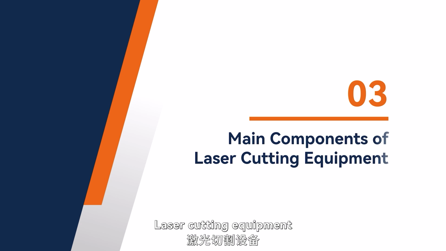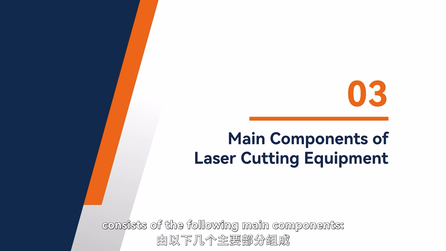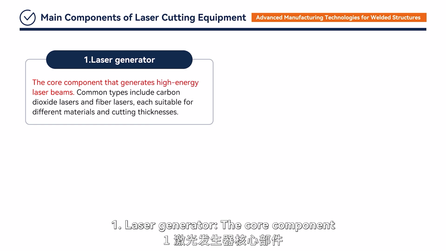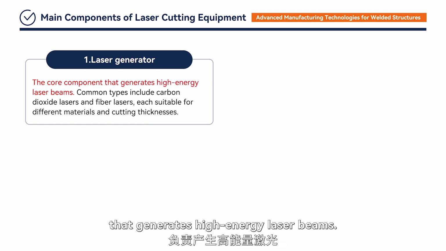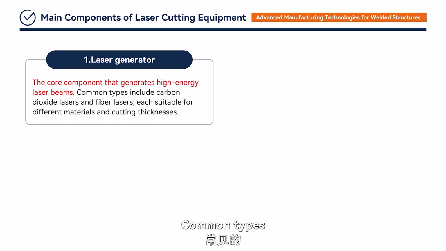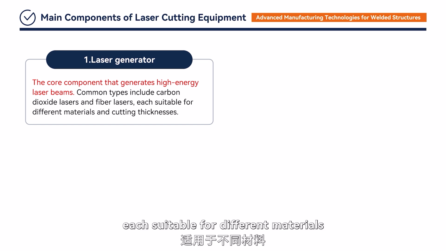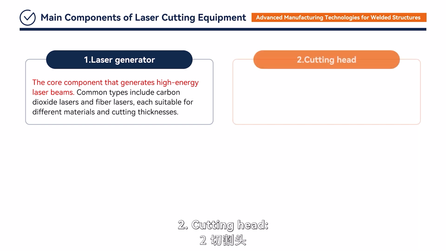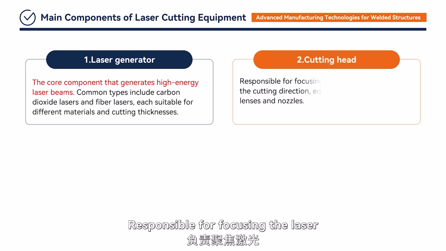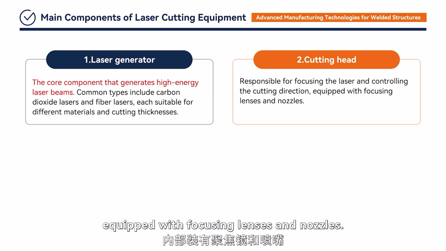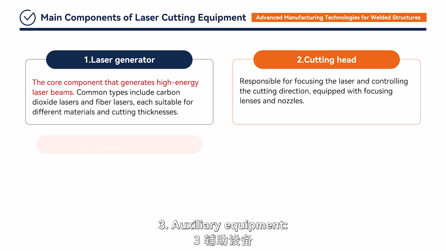Laser cutting equipment consists of the following main components. 1. Laser generator, the core component that generates high-energy laser beams. Common types include carbon dioxide lasers and fiber lasers, each suitable for different materials and cutting thicknesses. 2. Cutting head, responsible for focusing the laser and controlling the cutting direction, equipped with focusing lenses and nozzles. 3.